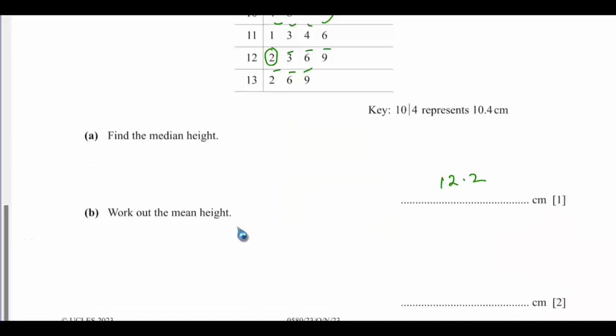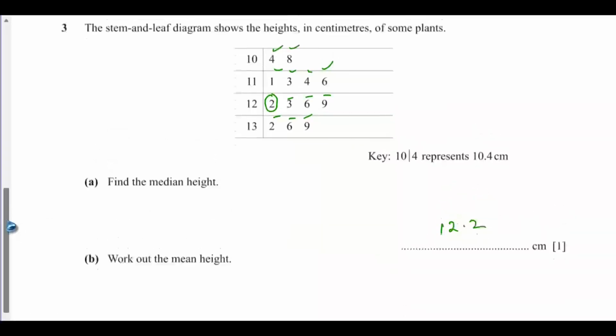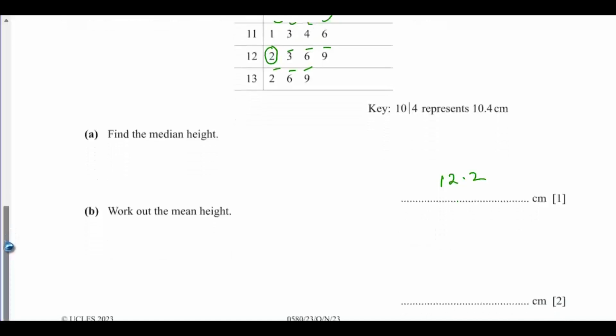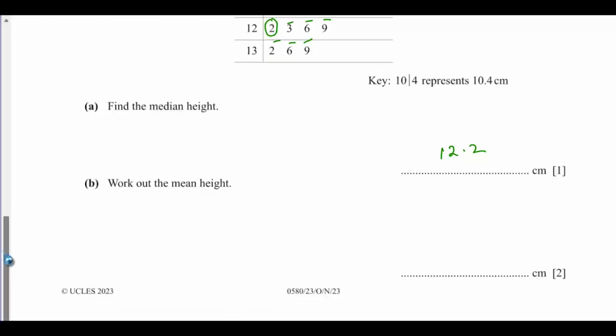Work out the mean height. To get the mean height, you have to add all the numbers together and divide by 13, since we have 13 numbers.